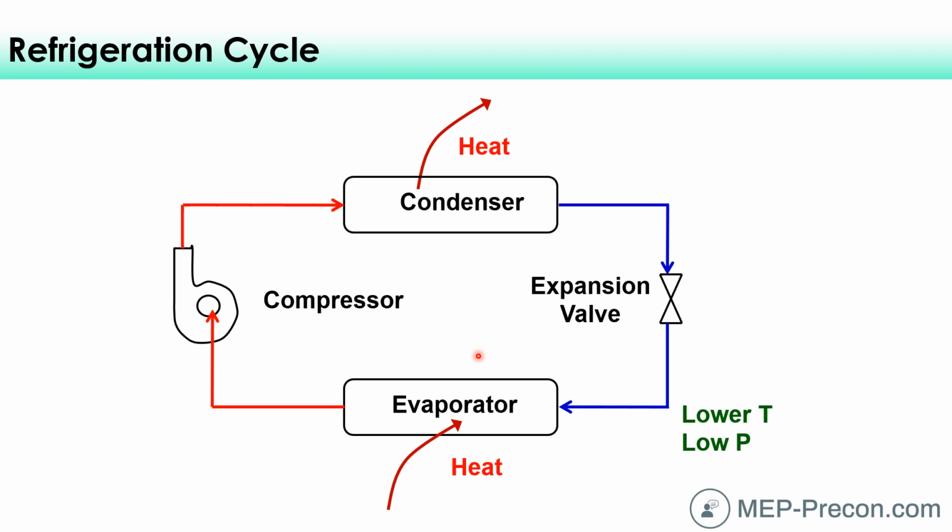And make sure to take a look at our other video on loads and zones to understand all of the components that go into creating a cooling load, a demand on comfort that way. So that's going to heat up our environment, and we combat that with cool air.